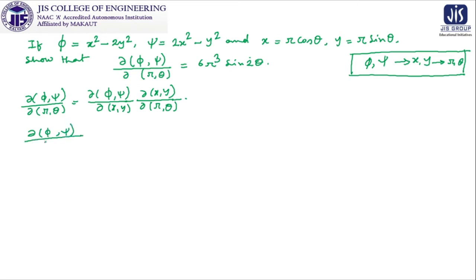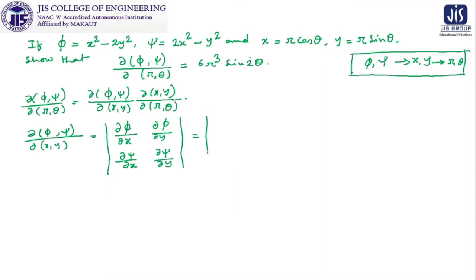So ∂(phi, psi)/∂(x, y) is initially required. It will be nothing but ∂phi/∂x, ∂phi/∂y, ∂psi/∂x, ∂psi/∂y. Just we can write ∂phi/∂x.